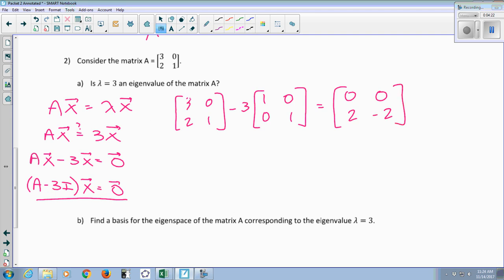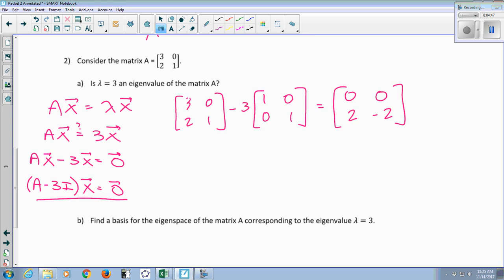What does this process remind you of? Yeah, it's like finding a steady state vector. It's just that when you find a steady state vector, your lambda is always 1. So it's the same process. Checking to see if you have an eigenvalue is just like finding a steady state vector. You're just using a different lambda.